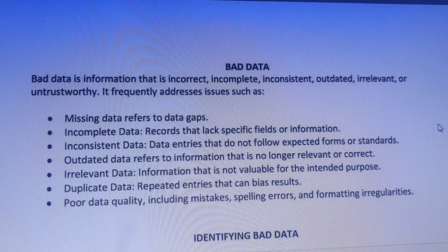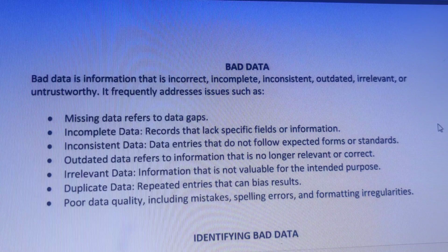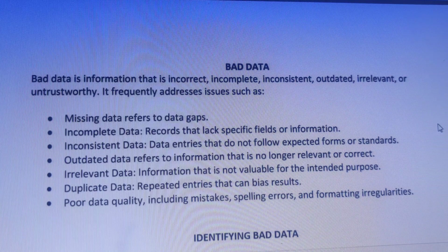It is outdated, no longer relevant. We have duplicates, many observations that have been repeated, which might bring about biases when interpreting or analyzing the data. Another thing about bad data is spelling mistakes and formatting irregularities.